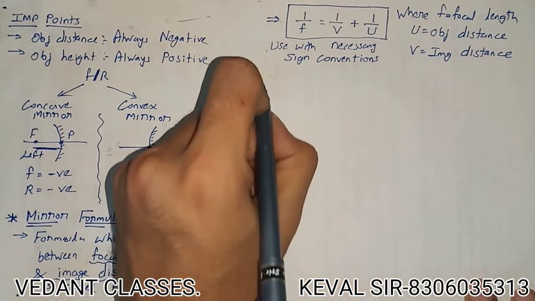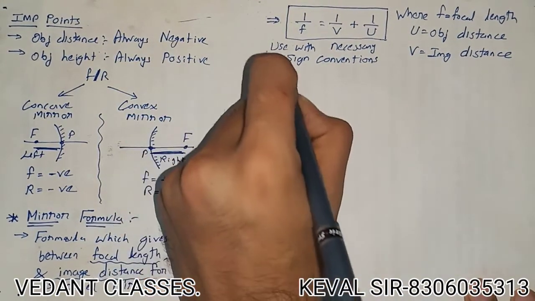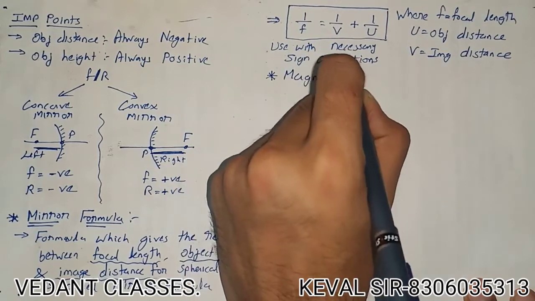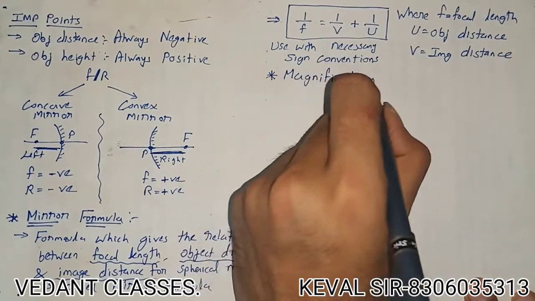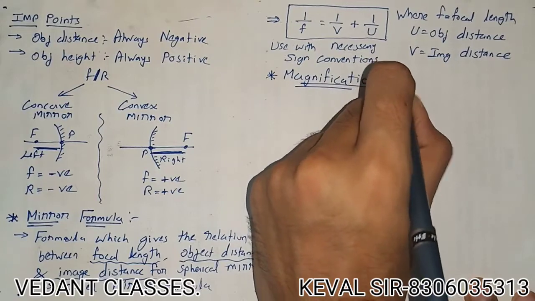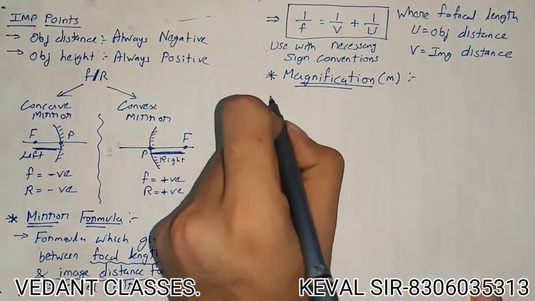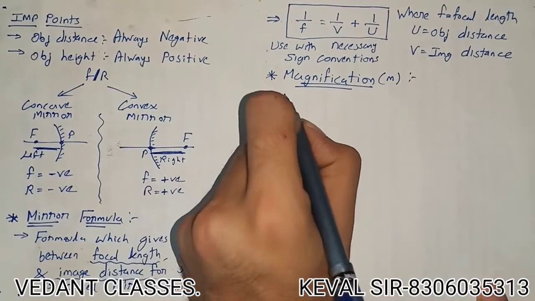Now let's see the next topic, that is magnification. Magnification is noted as small m. Now what is magnification? Let's write its definition.